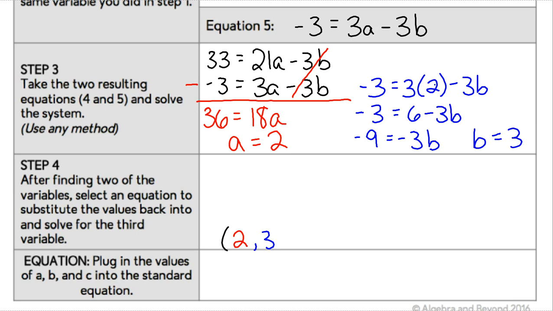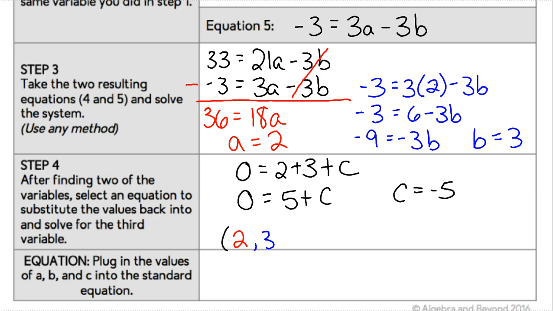All right, moving on to finding the last one. We're going to pick one of ours. Again, I'm going to pick the simplest one, so I'm going to pick the bottom equation. We have 0 equals a, which is 2, plus b, which is 3, plus c. So I have 0 equals 5 plus c, and that means c is -5.